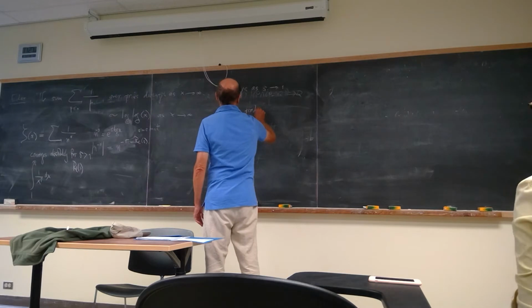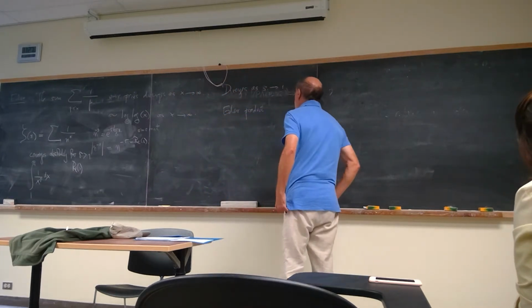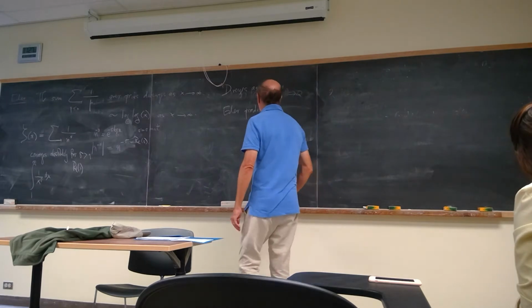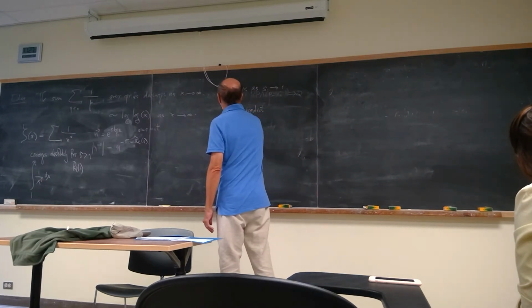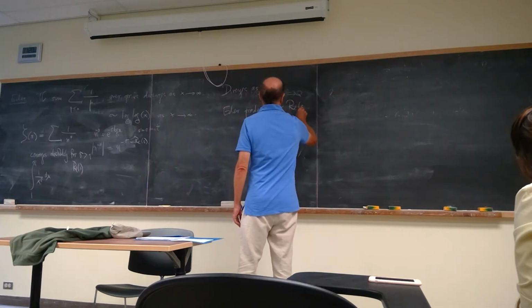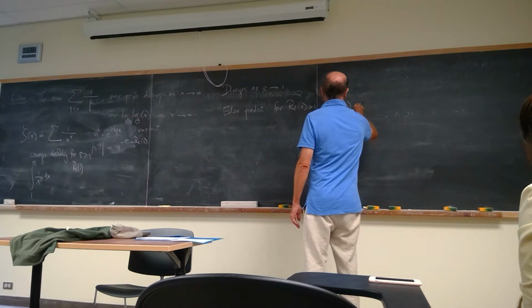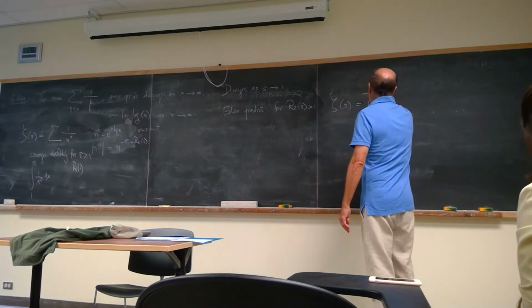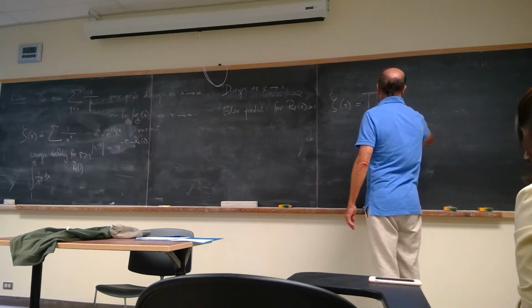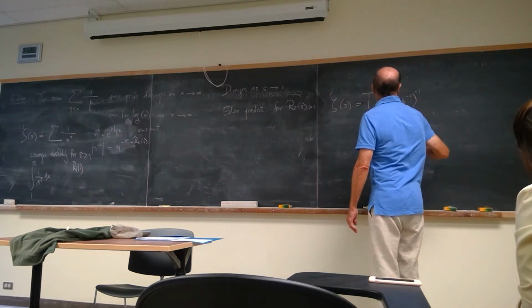Although he had a lot of product formulas, this is just one of the many that he had found, and he didn't know that this was the most important at the time. For the real part of s greater than 1, zeta of s is given not just by an infinite sum, but by an infinite product over the primes of (1 minus p to the minus s) inverse.